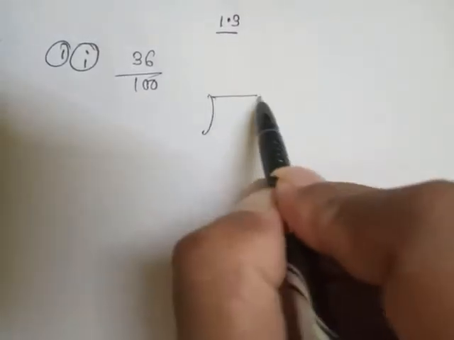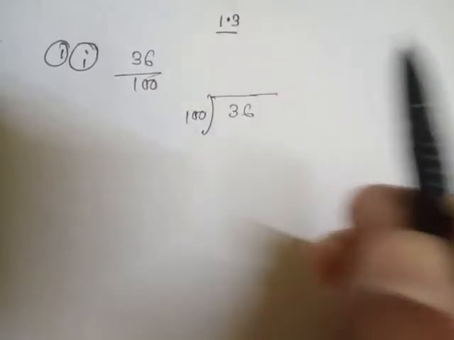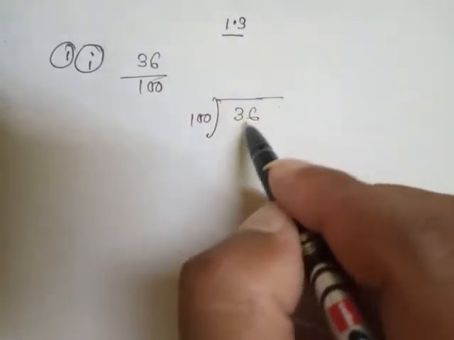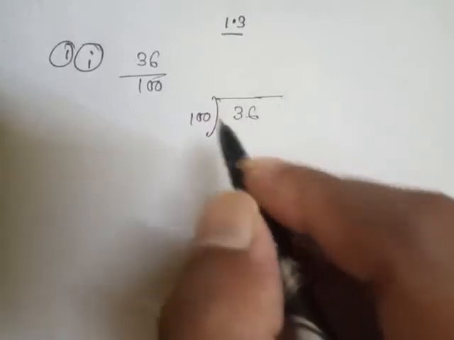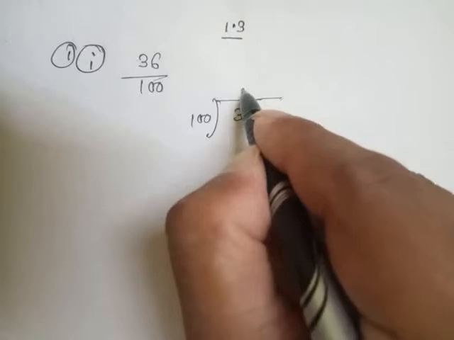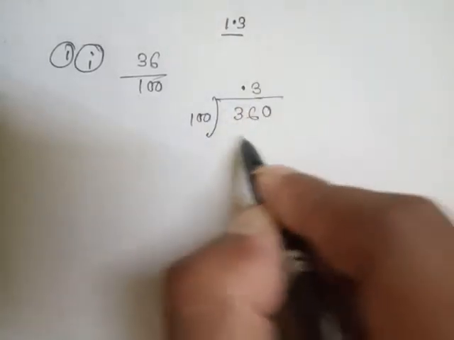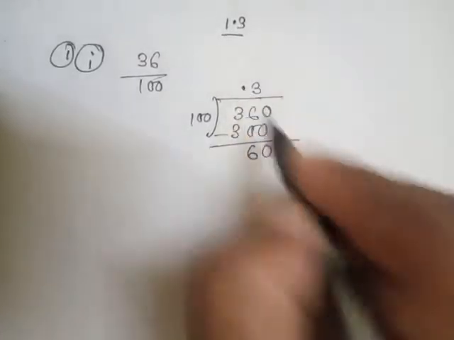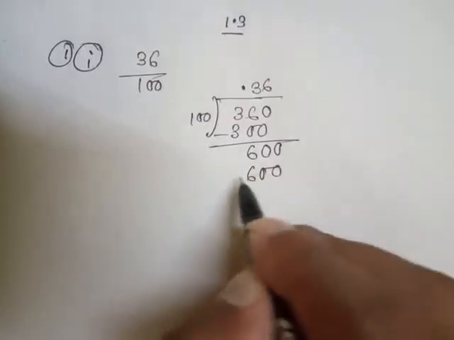Go for the long division here. 36 by 100, go for the long division. 36 cannot be divisible by 100, so we'll put one decimal point here, then there will be 0. Now it is possible, so 3 into 100 means 300. Now 60 is the remainder, decimal point means 0 again, so 6 into 100 means 600.